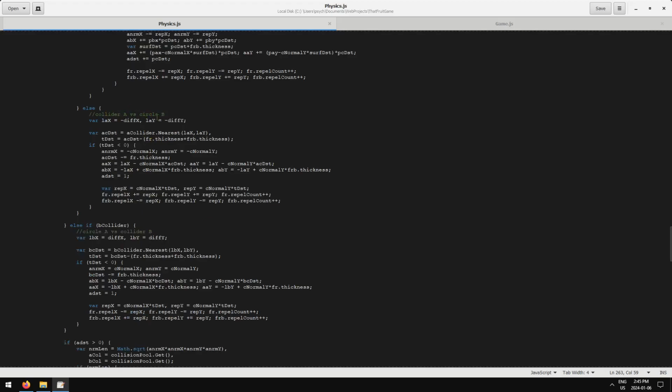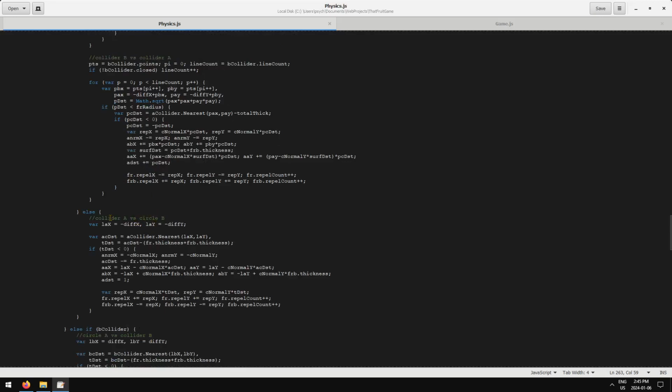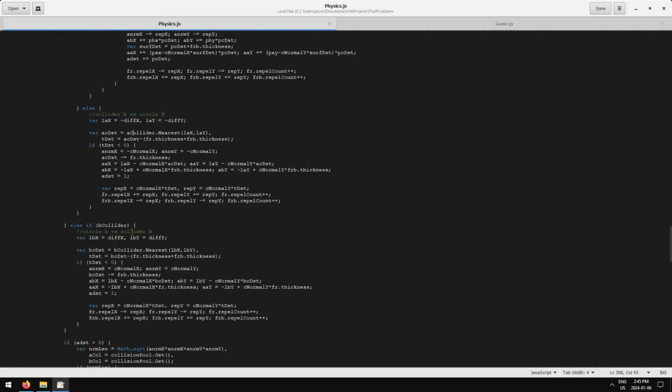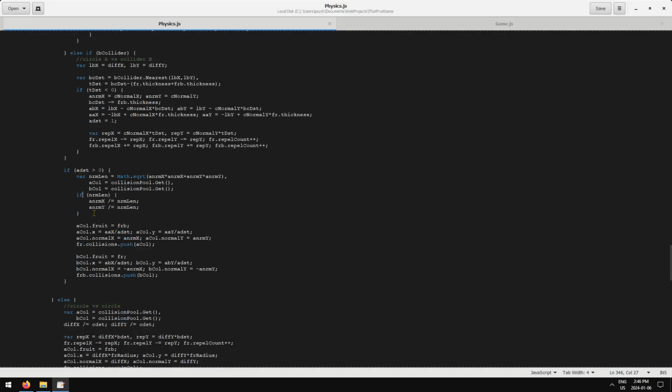Using this same part, we also do circle versus collider. This is pretty easy. We just take the position of the fruit that's a circle and test it against the collider. So we have collider A versus circle B, and circle A versus collider B. When we have a collision, we average all of these, and we have two collisions, one for each fruit: an A collision and a B collision.